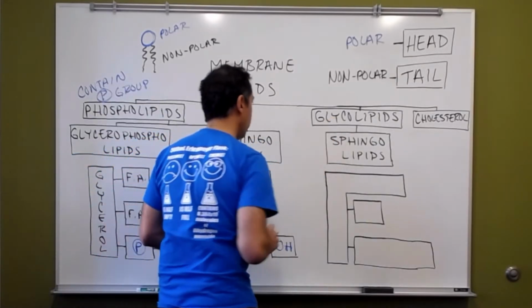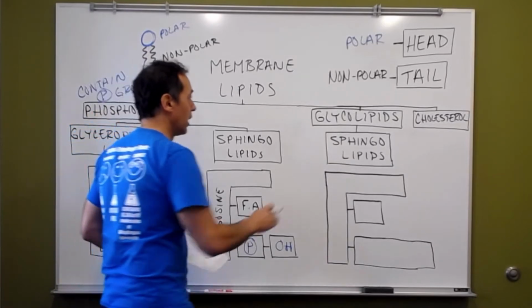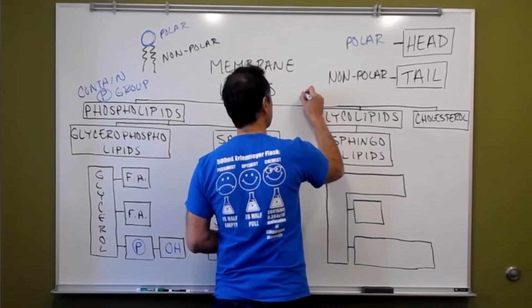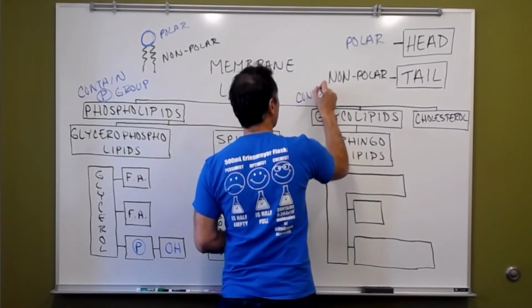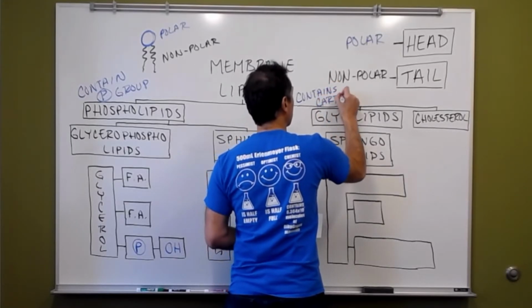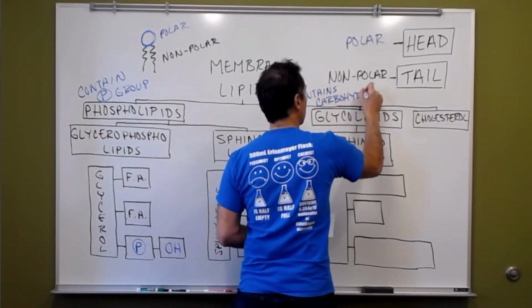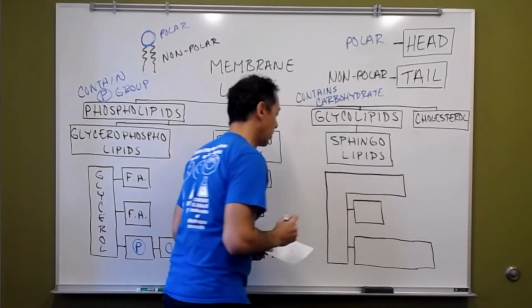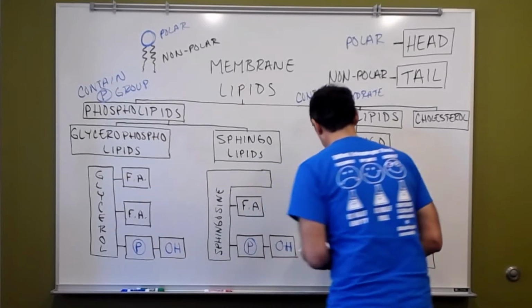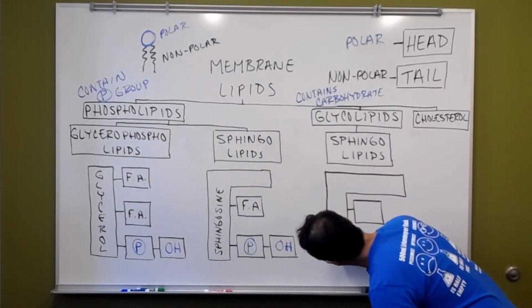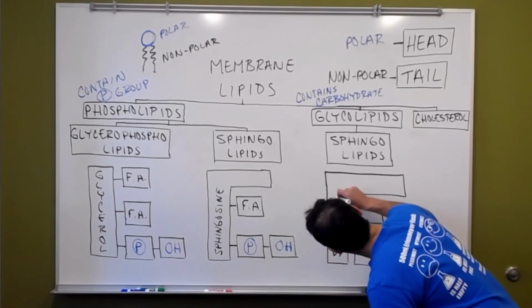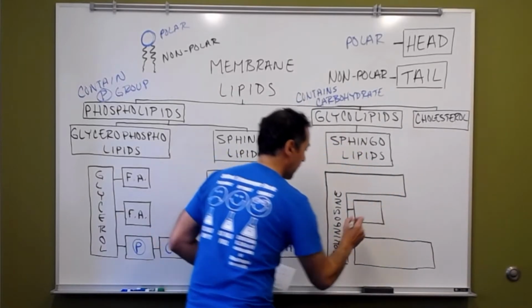Then over here we have glycolipids. Now glycolipids, the name glyco means that there's a carbohydrate involved. So it contains a carbohydrate, and we're going to have the same backbone like we had here, the sphingosine, and our fatty acid.